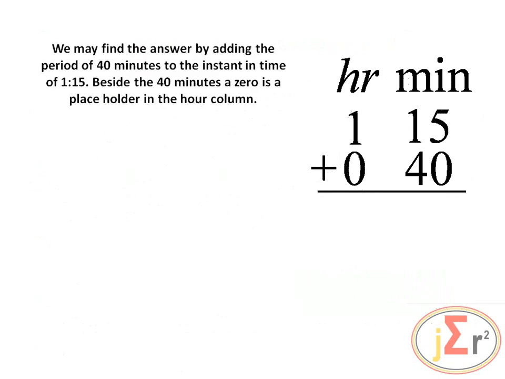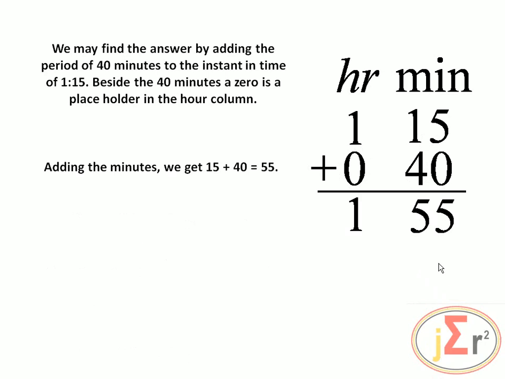We may find the answer by adding the period of 40 minutes to the instant in time, which is 1 hour and 15 minutes, or 1:15. And of course, a 0 is going to be placed in the hour column because we have only 40 minutes and no hour. So let us add. 15 plus 40 is equal to 55.